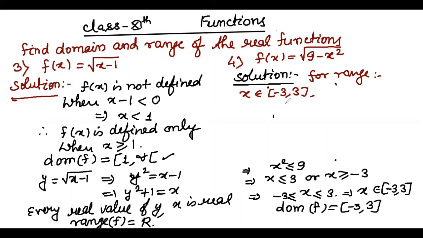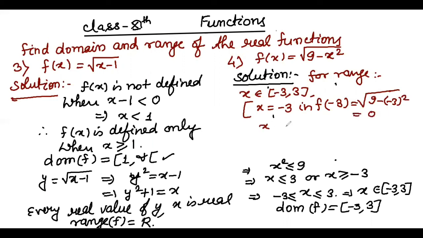So directly we will apply the values. x belongs to minus 3 to 3, meaning when we apply x equals minus 3 in f(x), we get root over 9 minus minus 3 whole square, which is 0. Similarly, if we apply x equals 0, f of 0 is root 9 minus 0, which means 3. Like that we can find some values.